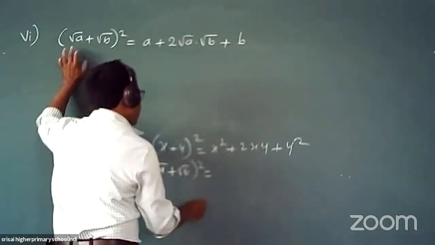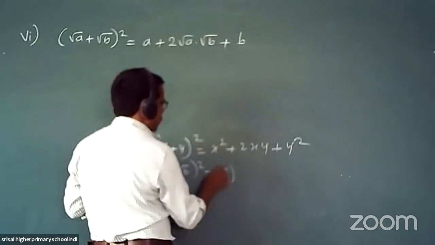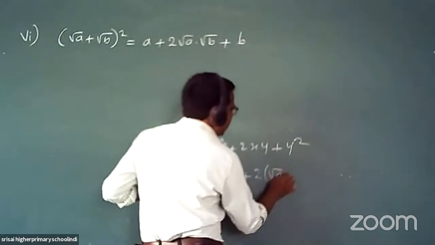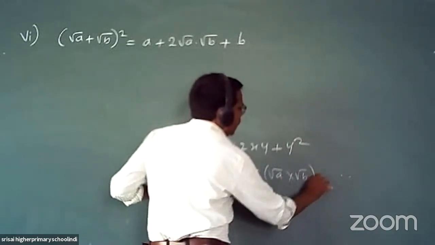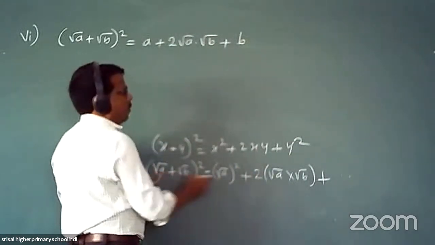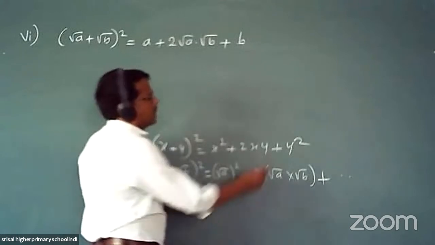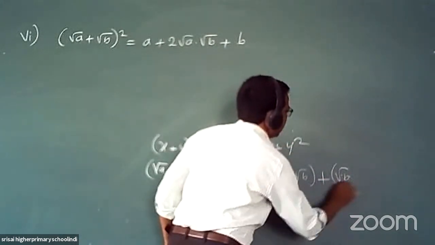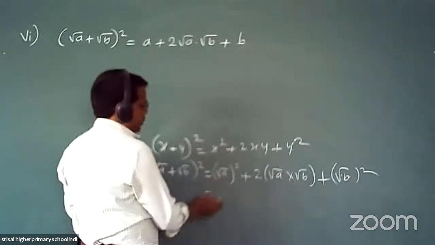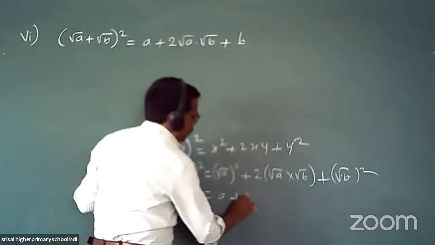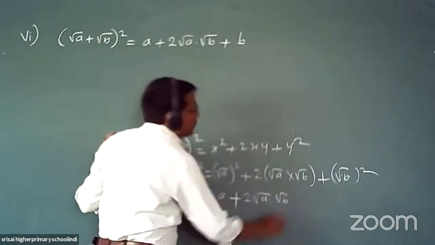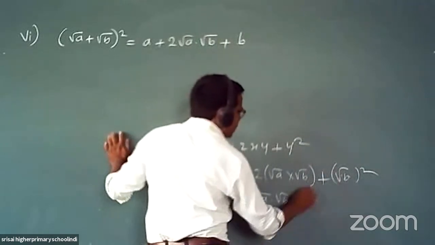X square means square root of A bracket square, plus 2 times square root of A into square root of B, plus y square, square root of B bracket square. I am explaining how this came. Square root of A square is A only, plus 2 times square root of A into square root of B, plus square root of B bracket square means B only.